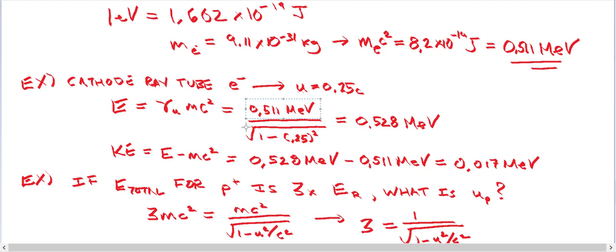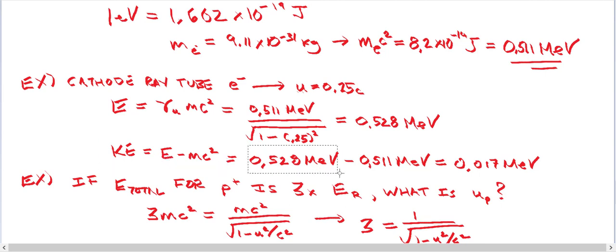And so if you carry this out, you get that the total energy of that electron is 0.528 mega electron volts. We could determine its kinetic energy because the kinetic energy is going to be the total energy minus mc squared.